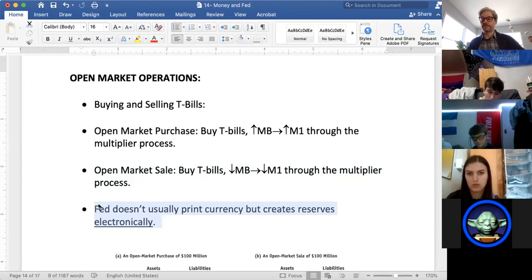Why does the Fed choose to use this as the method of controlling the money supply? Well, could they drop money out of a golden helicopter? They could, but that's not a particularly fair way of distributing money, right? So, just dropping money on the economy is not particularly fair. Could the Fed get on eBay and buy and sell action figures, Star Wars action figures from the 1980s?